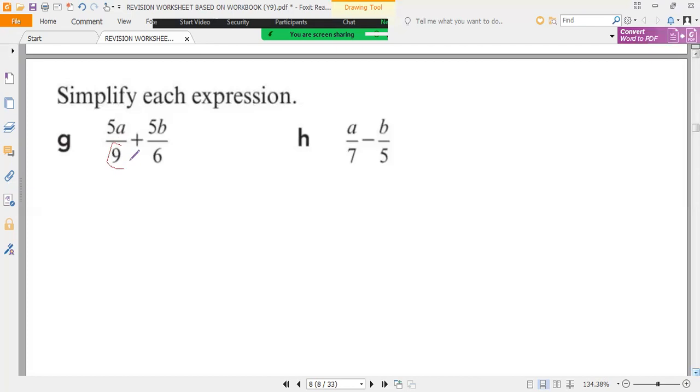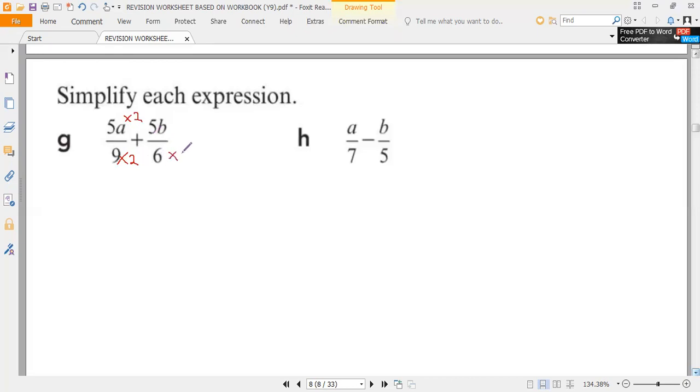So look at 9 and 6. Quickly decide the lowest common multiple of 9 and 6. The multiple of 9 and multiple of 6. Which is the lowest same number? It's 18, yeah? It's 18. So to make 9 become 18, we have to times 2. Times 2 on top as well. And to make 6 becomes 18, times 3, times 3 as well. So let us write the new fractions after we multiply everything.